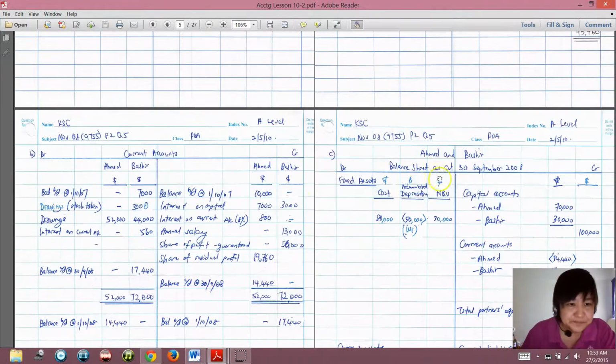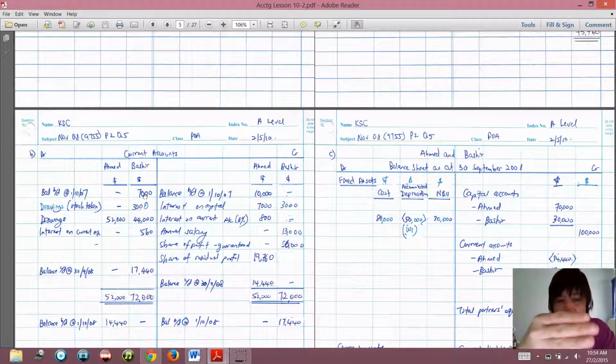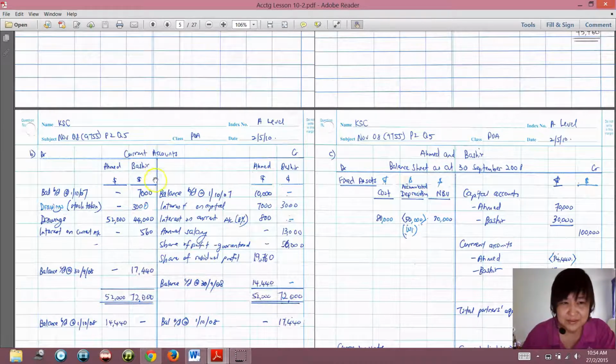And then here at the beginning of the year is a debit balance of 7,000. So that means Bashir is something like a debtor. It is a 7,000 debit balance. In other words, Bashir owes the company 7,000.